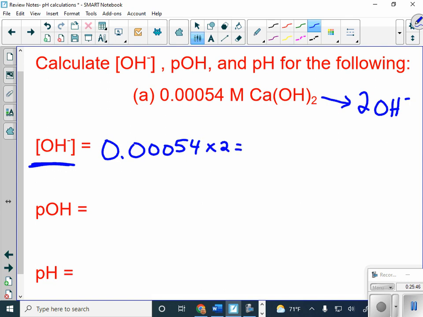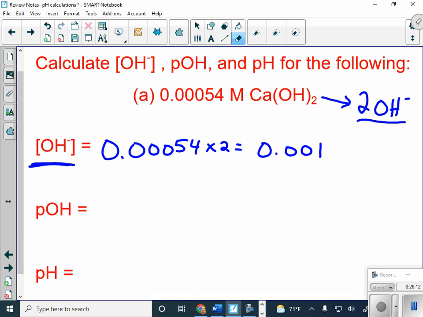The reason is because when it ionizes, I have double the hydroxide ions. So my value is going to be 0.00108, but I can only have 2 sig figs, so that's going to make it 0.0011.